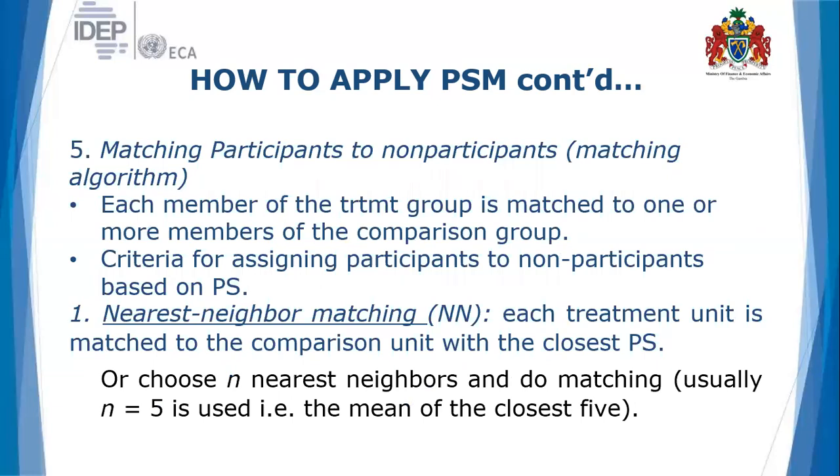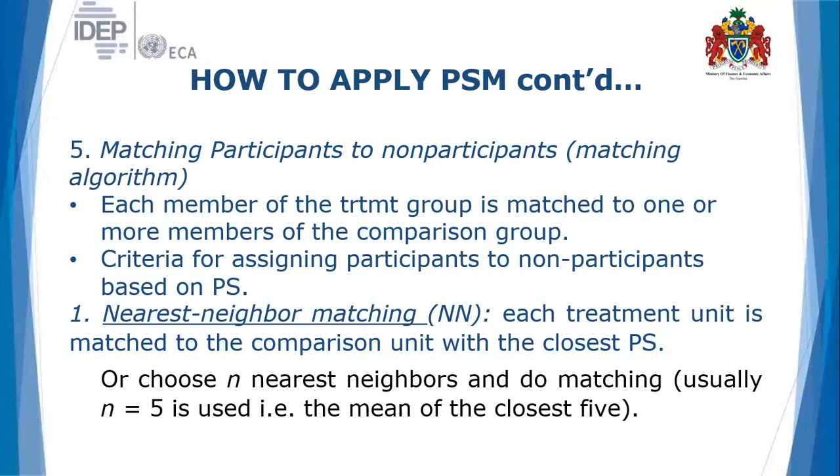Step number 5, matching participants to non-participants using matching algorithms or techniques. So each member of the treatment group is matched to one or more members of the comparison group, and the criteria for assigning participants to non-participants are based on propensity scores.